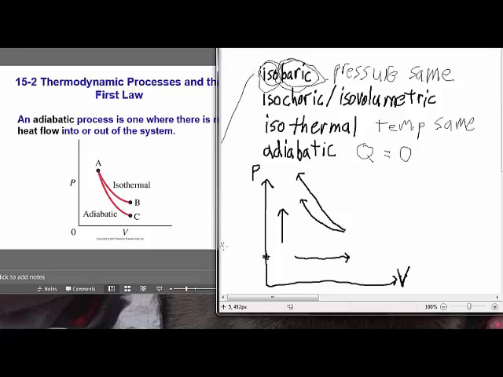So there we go. That one's isobaric. It could go left, it could go right. And isovolumetric, the same volume. We got to be stuck at one volume. So this is a process that's either going straight up or straight down, and we have found it here.